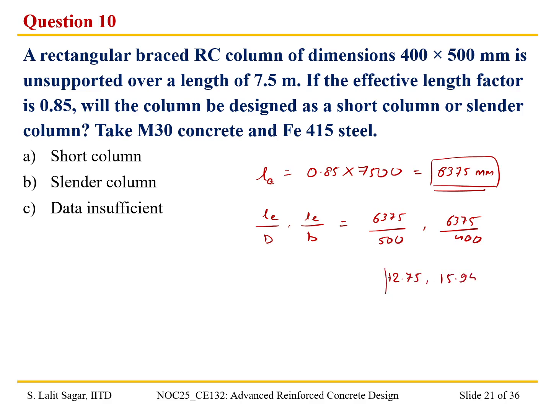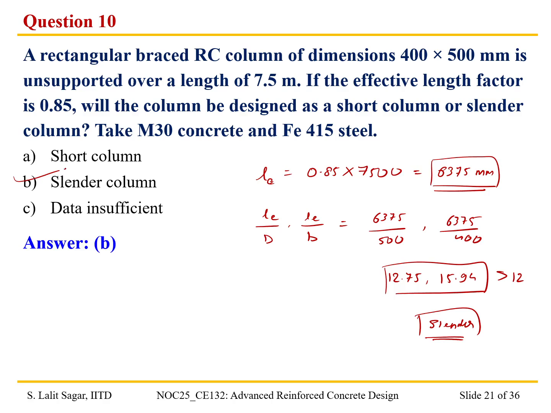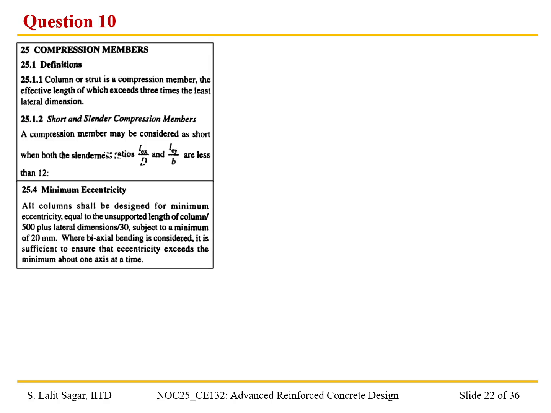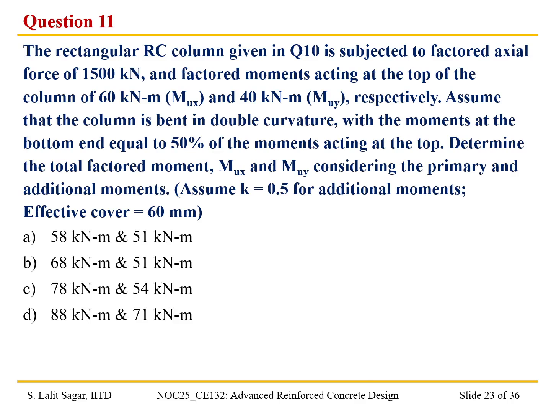Since both these values are greater than 12, this shall be designed as a slender column. So option B is the correct response. This definition of short and slender columns can be obtained from clause 25.12 of IS 456.